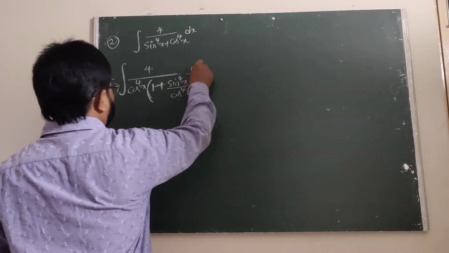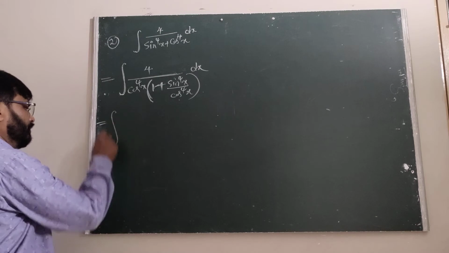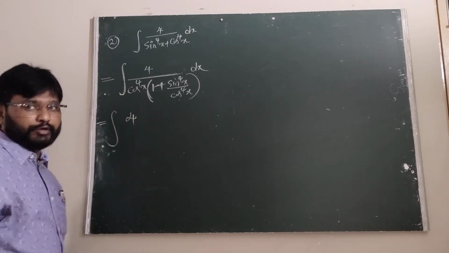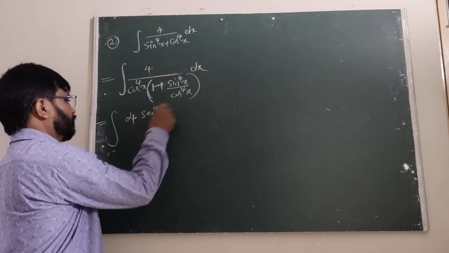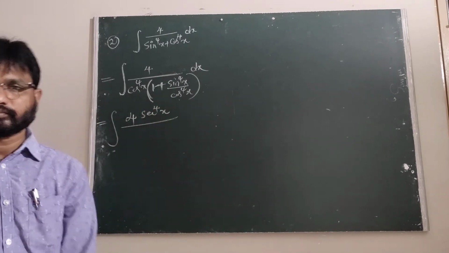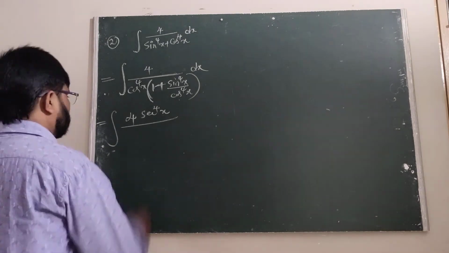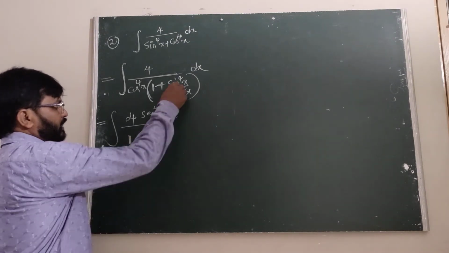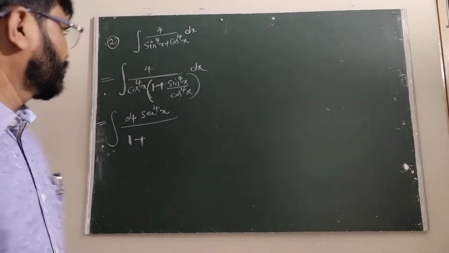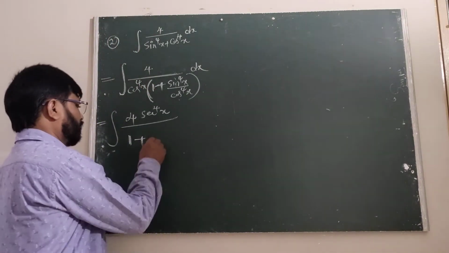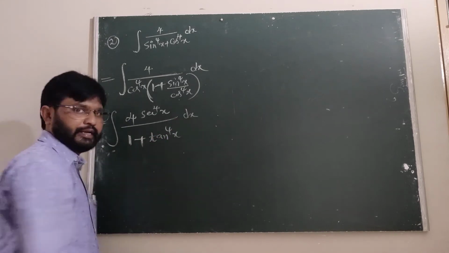After that we can write the integral of 4 into 1 by cos power 4, which is secant power 4x. Is it clear? So 4 into secant power 4x. Now 1 plus sine power 4x by cos power 4x, which is tan power 4x, dx.